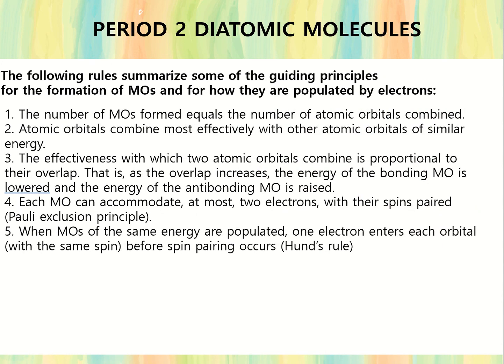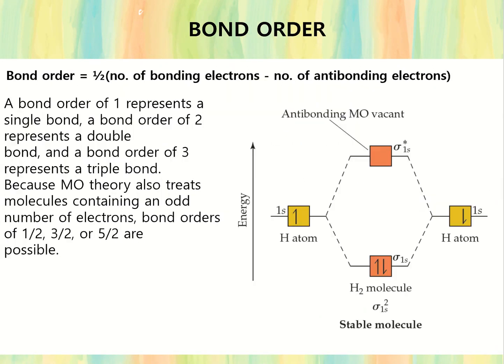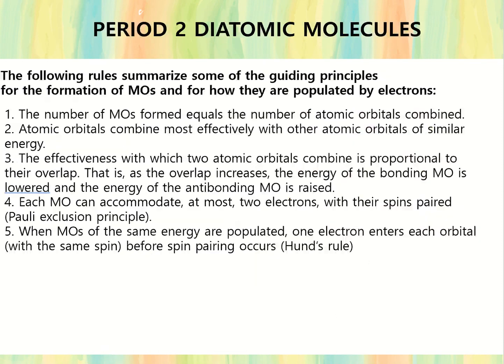That is consistent there. Atomic orbitals combine most effectively with other atomic orbitals of similar energy. Here we have a 1s orbital combining with a 1s orbital, similar energy. The third is that the effectiveness with which 2 atomic orbitals combine is proportional to their overlap.